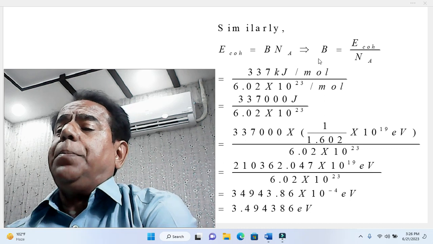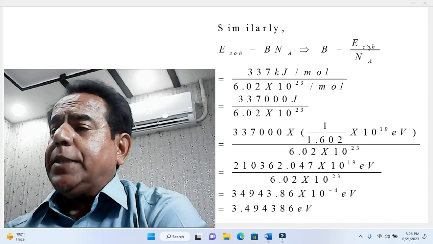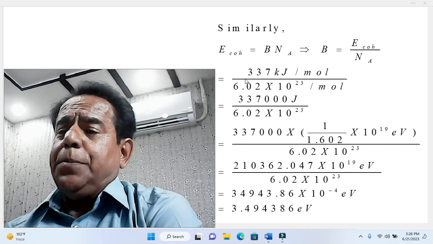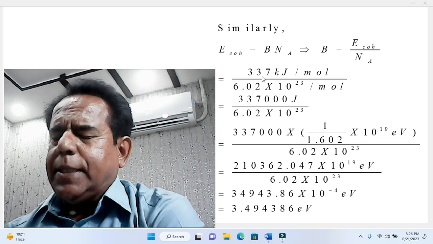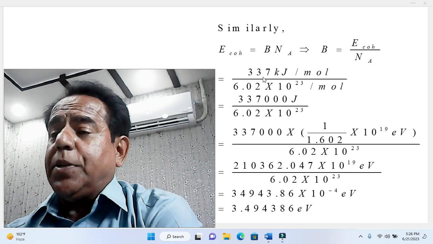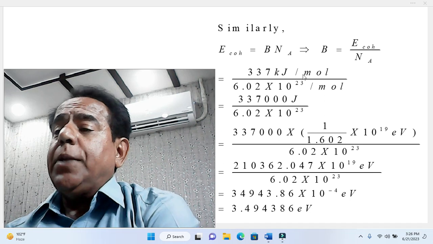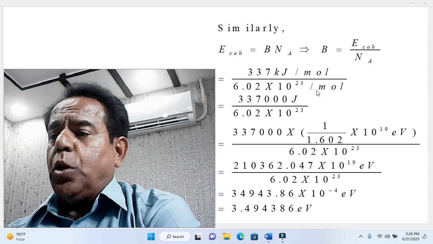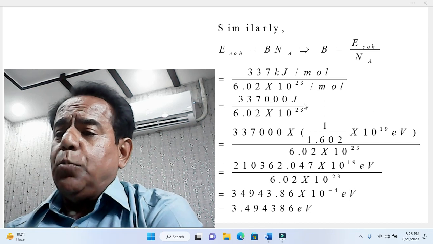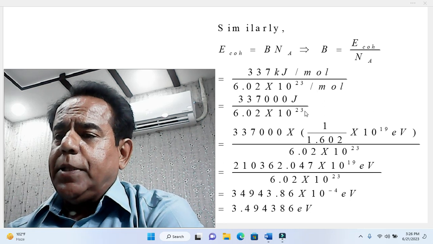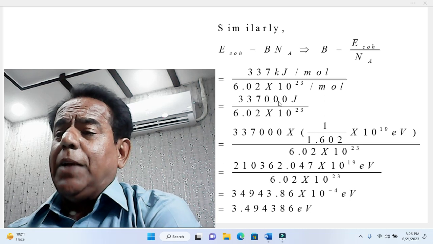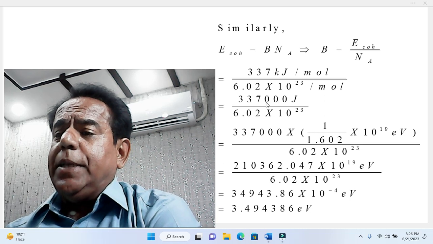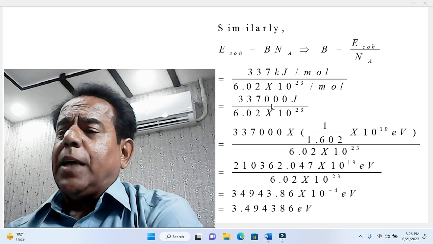This implies that binding energy is equal to cohesive energy divided by Avogadro's number. This becomes equal to 337 kilojoule per mole divided by 6.02 into 10 raised to the power 23 per mole. Here mole will be cancelled with mole, and hence we will be left with this. What we have done here, we have just replaced kilo K by 3 zeros, that is 1000.